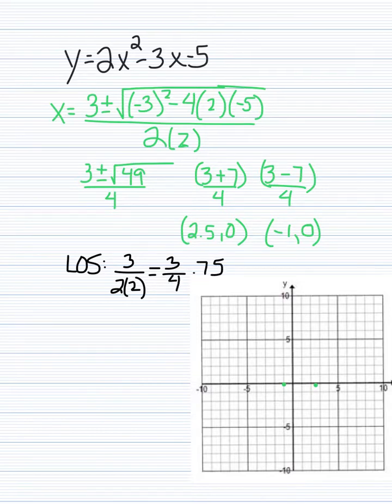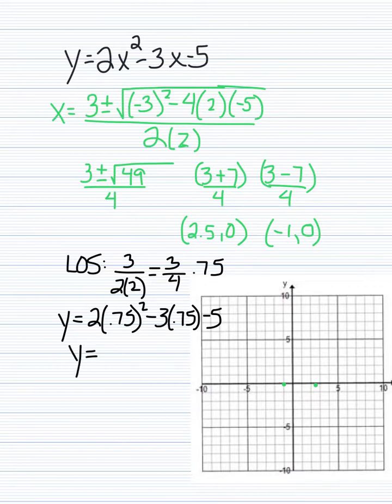Okay, let's plug it in. So y equals 2 times 0.75 squared minus 3 times 0.75 minus 5. All right, so y equals -6.125.